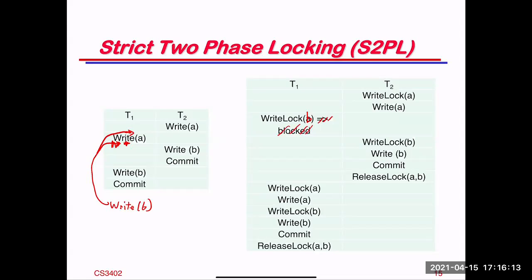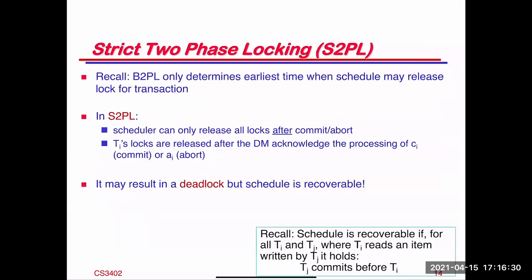If we have the write B up here, we just acquire the write lock, and then we can actually... So yeah, you're absolutely right that in that case T2 can't do anything, and that's in fact the reason why you can still get a deadlock, right? So I'm not saying that strict two-phase locking can't yield a deadlock. It may result in a deadlock.